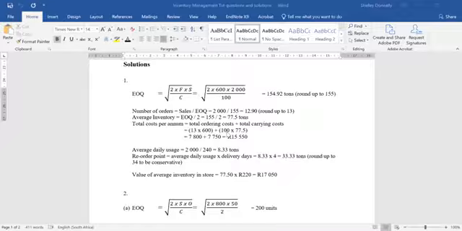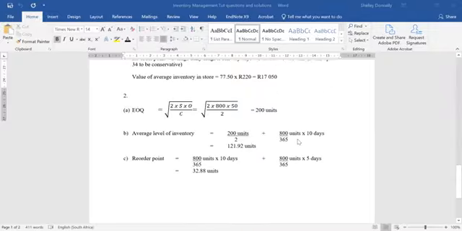Remember, if you order at the EOQ, your ordering costs and your total carrying costs should be equal, or more or less equal. Obviously, there's been a bit of rounding involved, so they're not quite equal, but close enough, because that's where your total cost will be at a minimum.